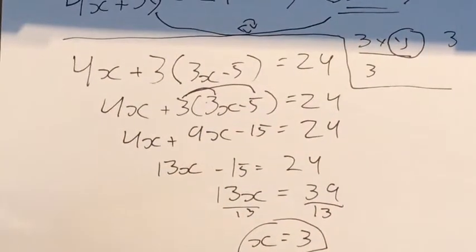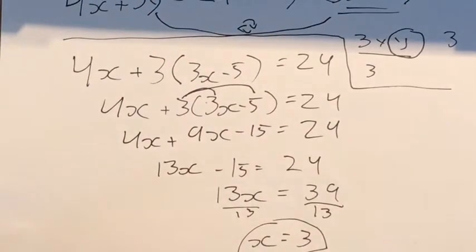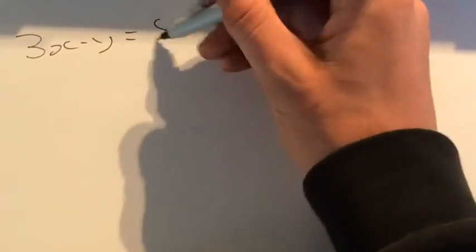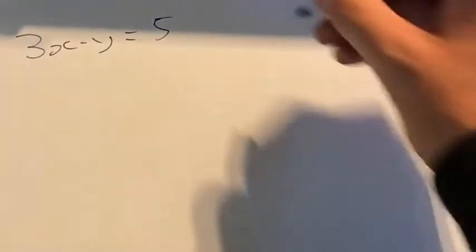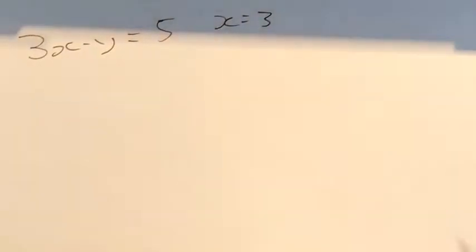Now, just like in the last one, we're going to substitute the value that we found for x in one of the equations and solve for y. Let me just flip this paper back over here. We had 3x minus y equals 5 as the equation, and x equals 3 as our value for x.